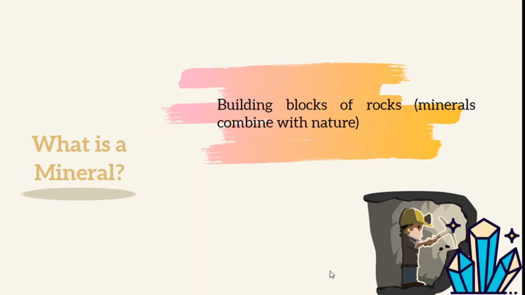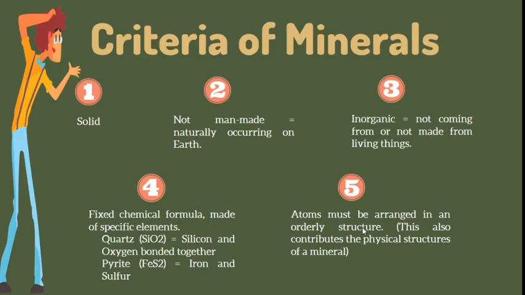Now, the question: what are the key identifiers, or what is the basis on how to identify minerals? We have criteria to follow. Number one, it must be solid. A mineral must be solid at room temperature.